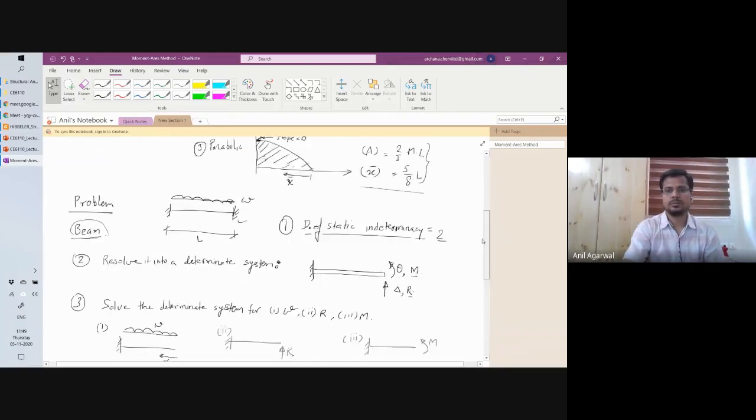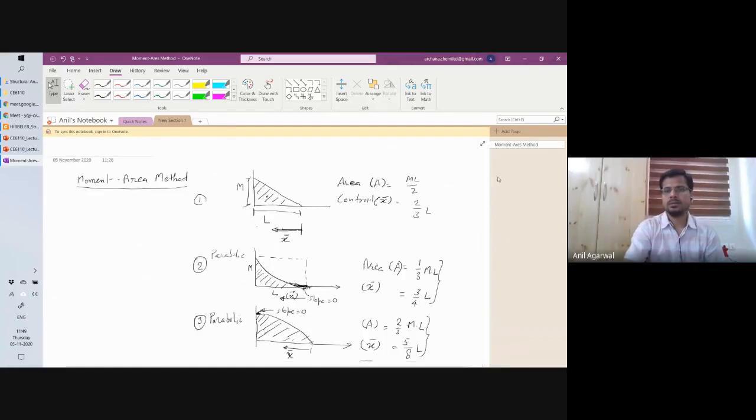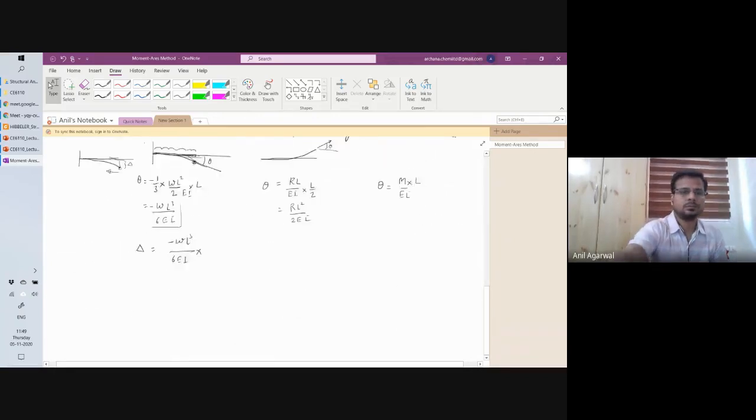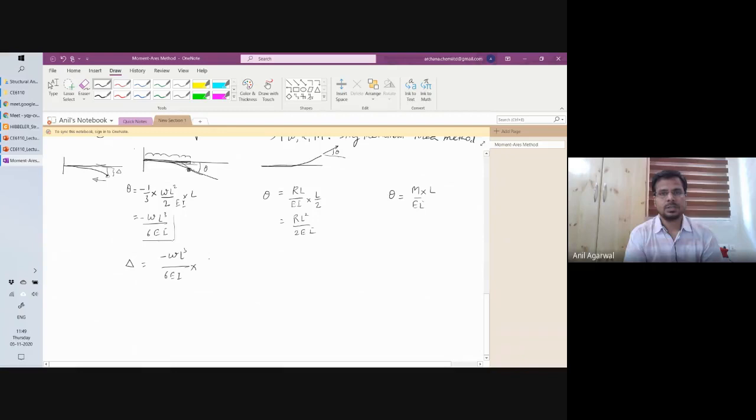We saw that the centroid is at 3 by 4 L. So the deflection here, what I'm going to get is W L to the power 4. This 3 will cancel this 6 partly, so 2 will be remaining. So 8 EI. That is my delta.